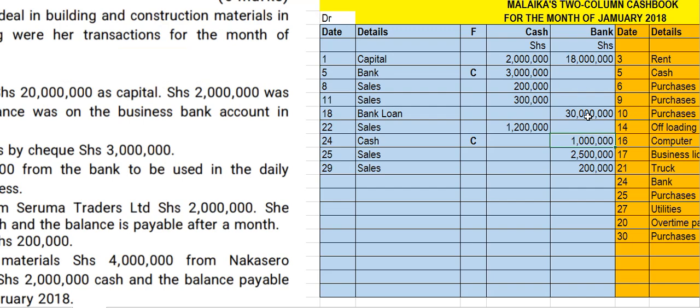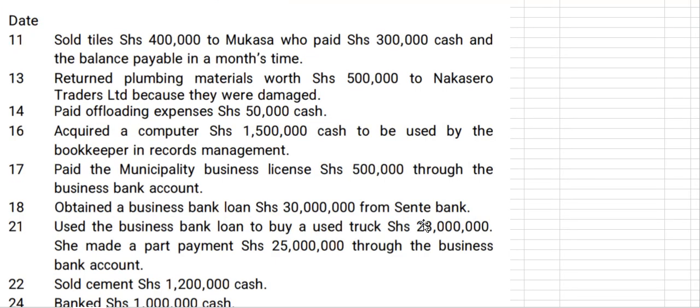Then on 18th, used the bank loan to buy a used truck, shillings 28 million. She made a part payment of shillings 25 million through the business bank account. So out of the bank loan, to buy a used truck, she made a part payment of 25 million through the business bank account.